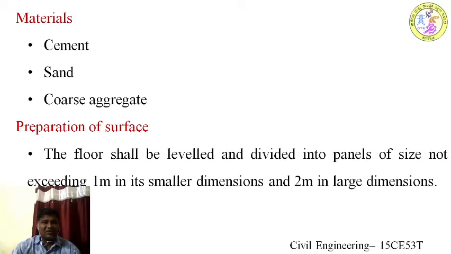Then the floor will be divided into panels of 1 meter by 1 meter square or 2 meter by 2 meter squares, and for dividing it I am going to erect aluminium panels or aluminium centering of side to the required thickness of the flooring, and I am going to lay concrete in the alternate panels, and next I am going to mix.